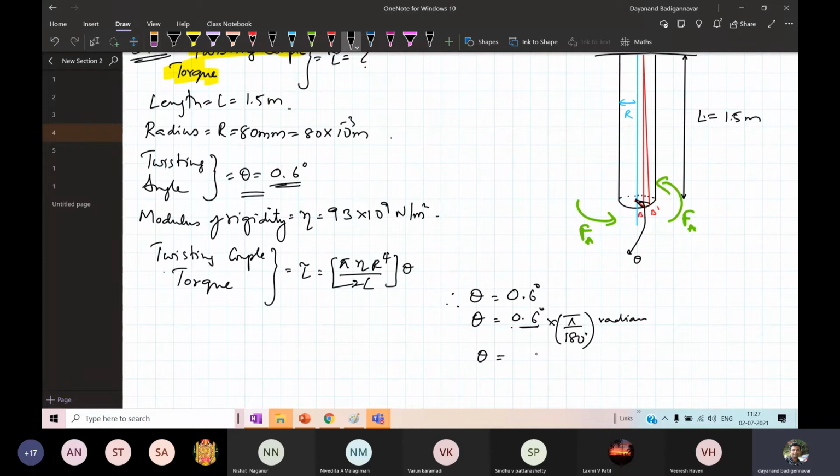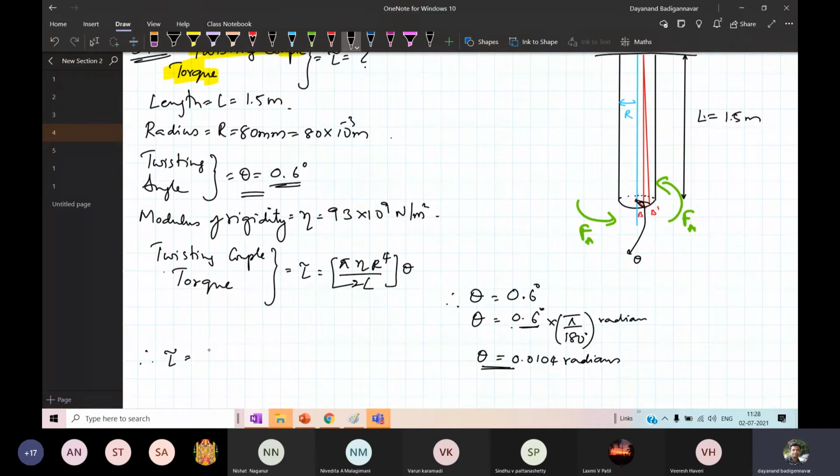If I do the evaluation, this will give you 0.0104 radians. This is the value of theta in terms of radians. So use this and calculate it.